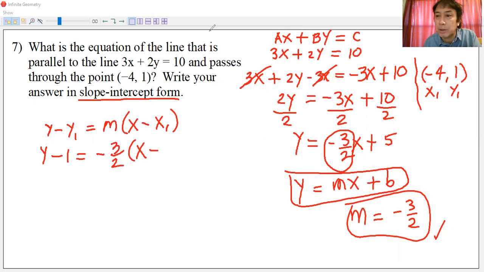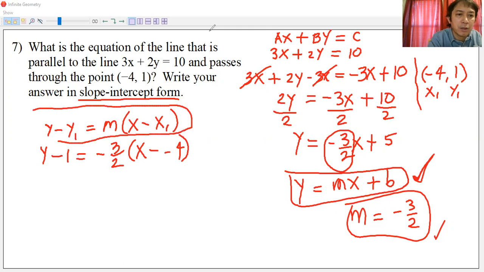Our x1 is negative 4. So after the minus in the formula, we still have to write negative 4 there. Okay, so we will simplify this and convert it to the form here. Okay, that's the required form, slope-intercept. This form here, as I was saying, this is the point-slope. Okay, all right. Okay, let's simplify first.